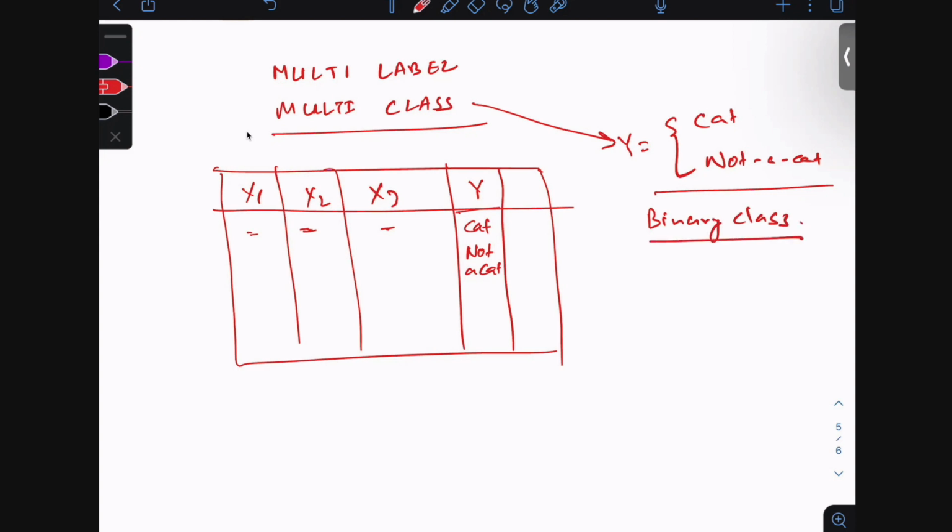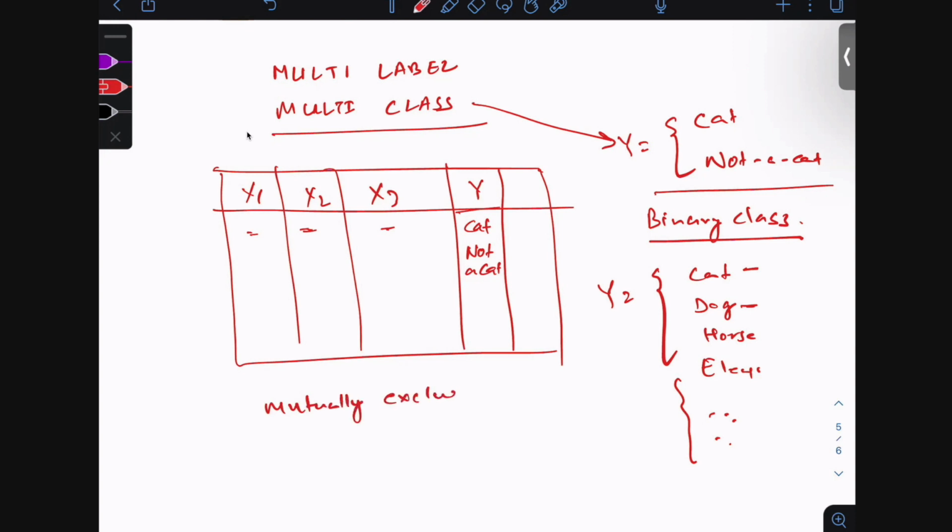Suppose instead our y has to predict whether it's a cat, dog, horse, elephant, and a few other animals also. In this case, a cat and a dog are mutually exclusive. Something which is a cat cannot be a dog.